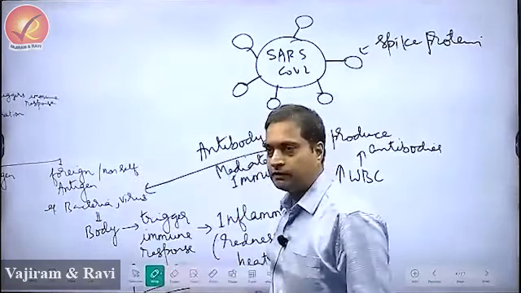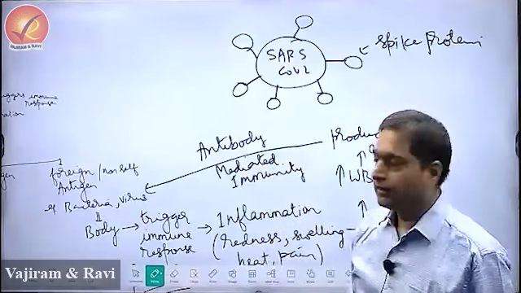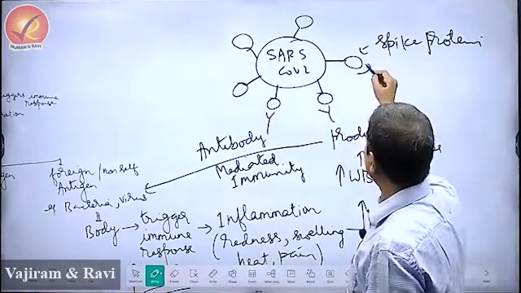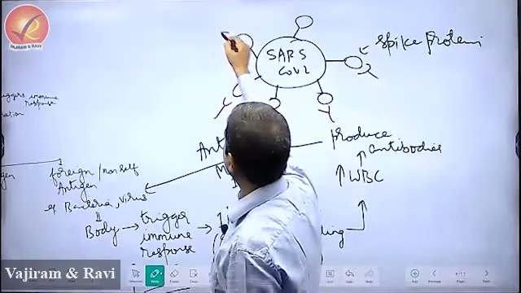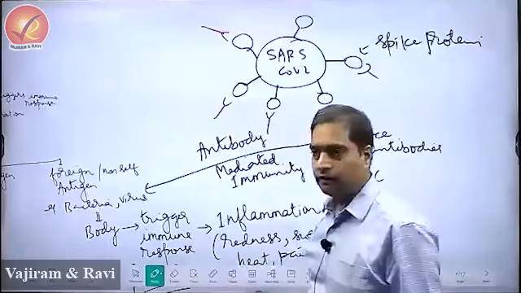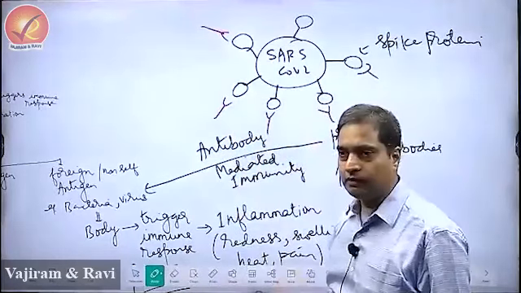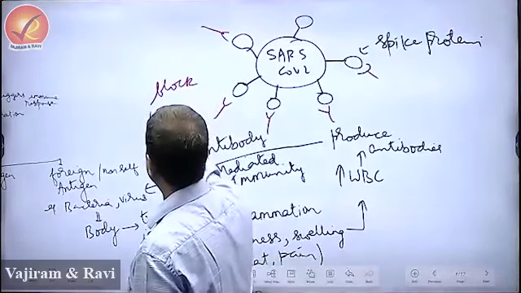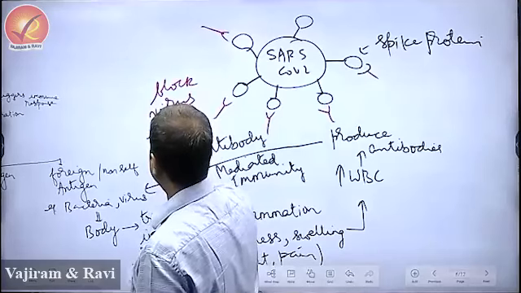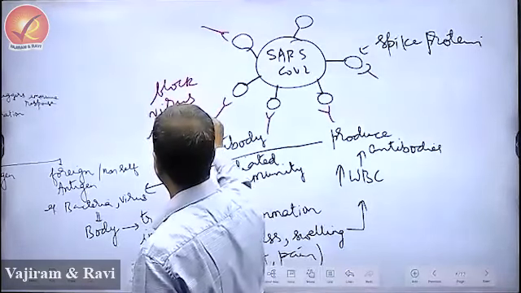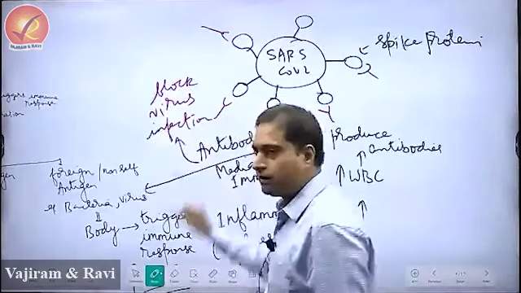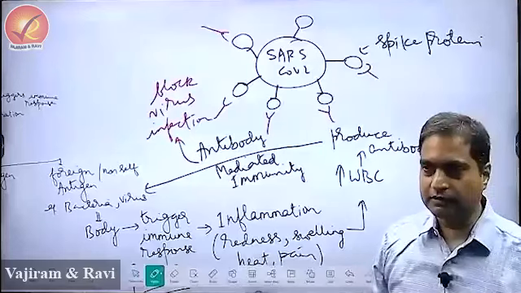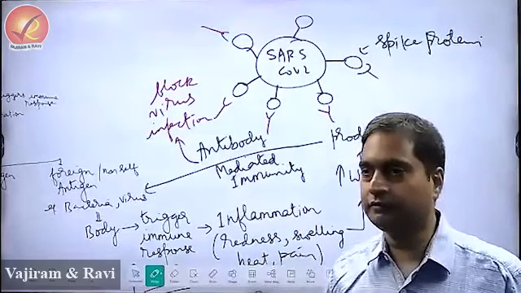What we discussed in the last lecture, that these white blood cells produce what? Anti-SARS-CoV-2 antibody to block the virus attachment or infection and protecting your body. This is antibody mediated immunity, which will block the virus attachment or infection. Is it clear? That we have already discussed in the first lecture itself.